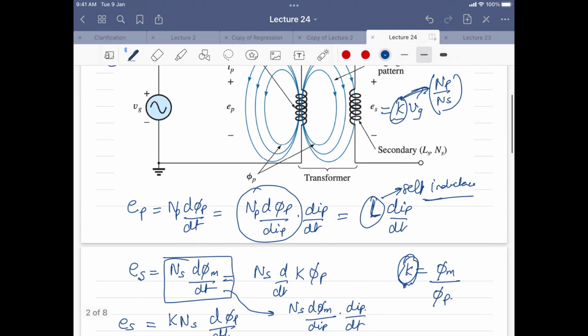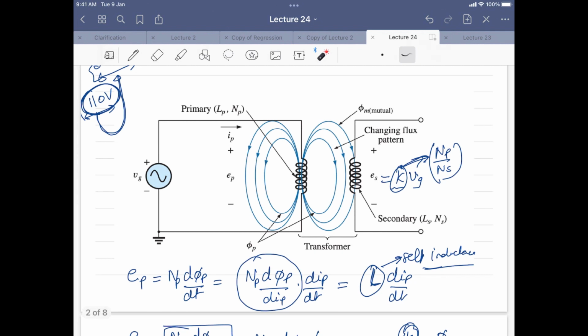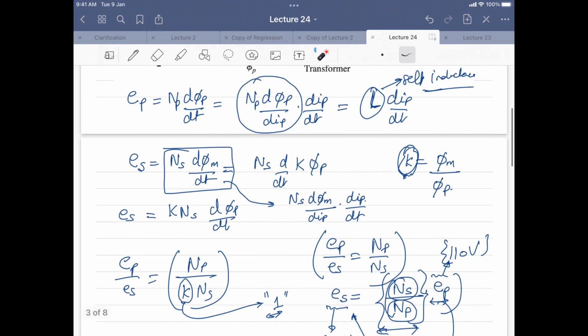Why am I writing like this? Because you can see the ip current is only in this branch and there is no current here, right? There is no current here. So what we are writing here is in the similar format as we have written for this particular case.